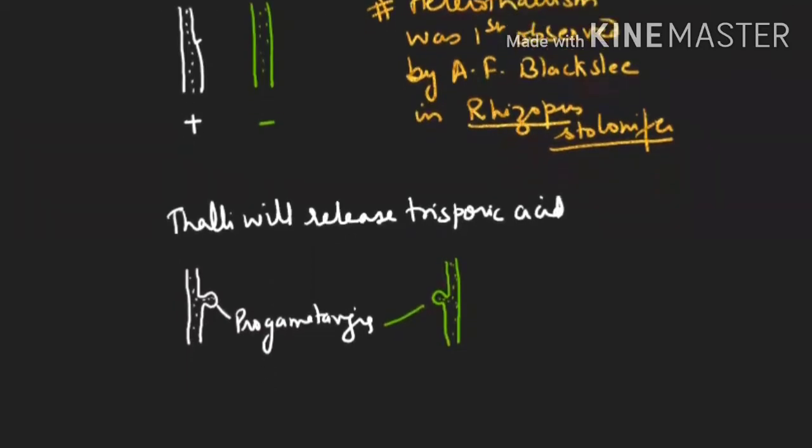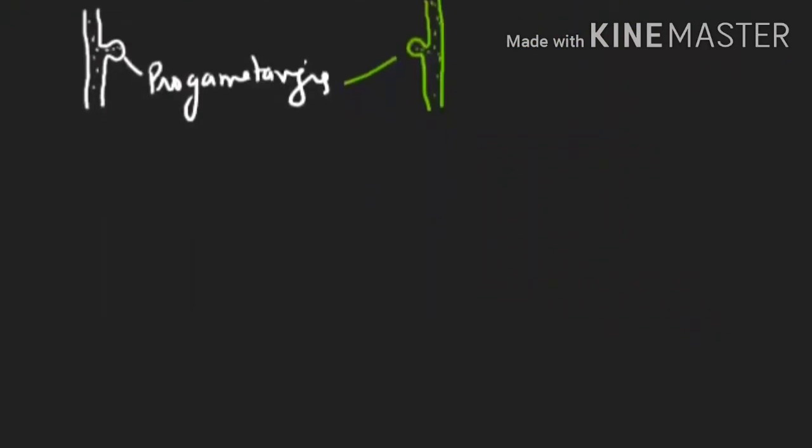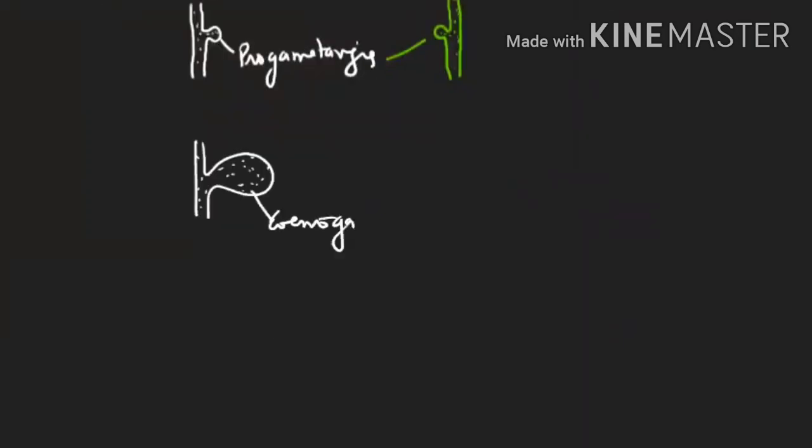Next, what will happen? Slowly, this progametangia will grow and become big in size, with multinucleate condition only, so we will say coenogametangia. Coeno means multinucleate, so we call it coenogametangia. The same happens with the minus hypha also.